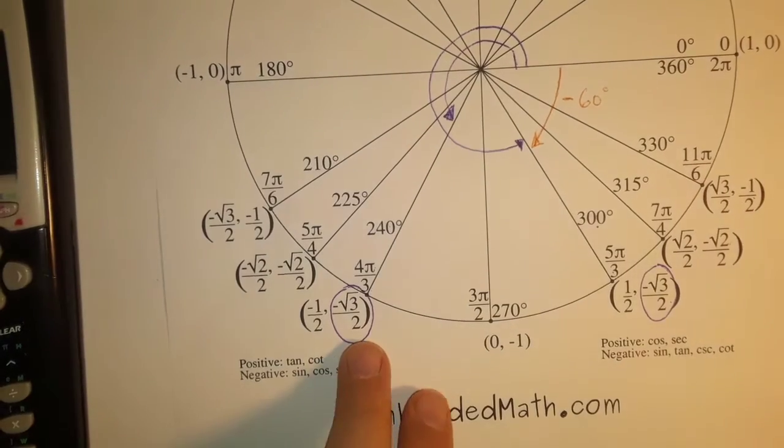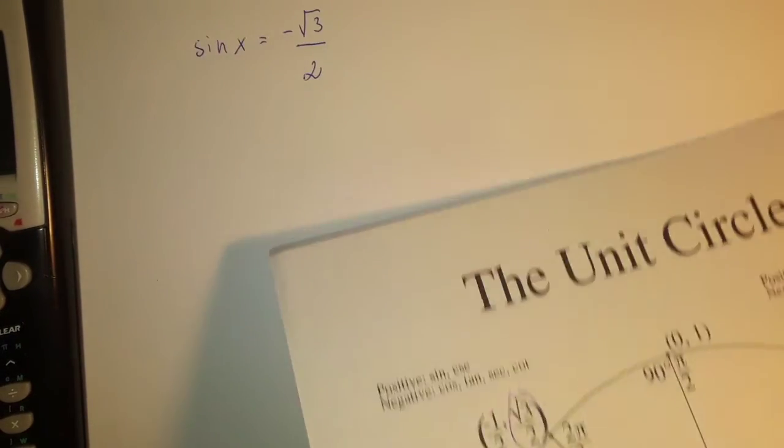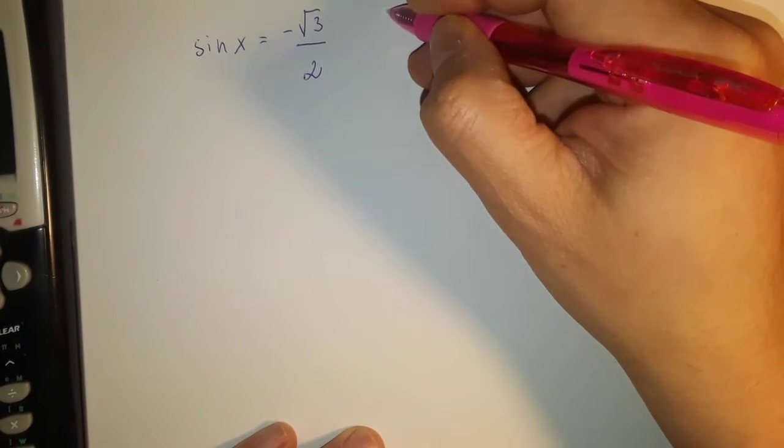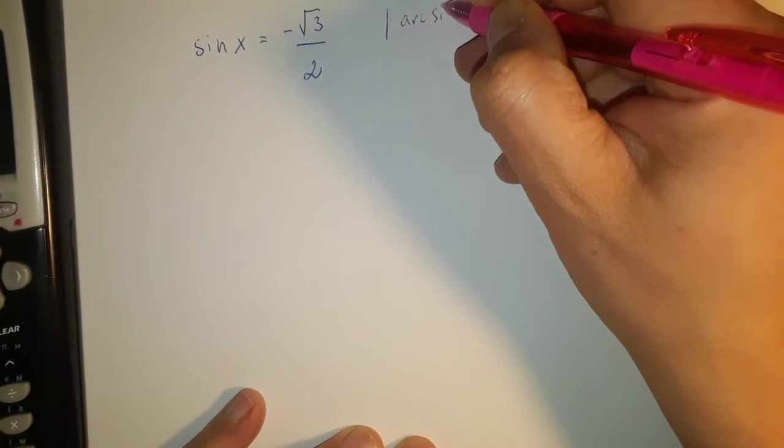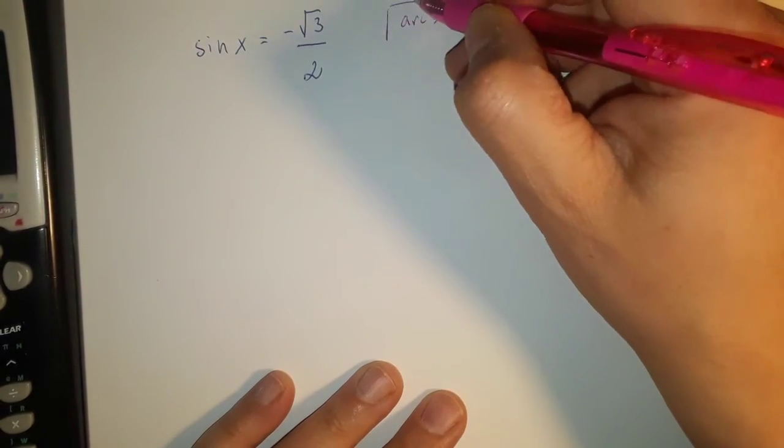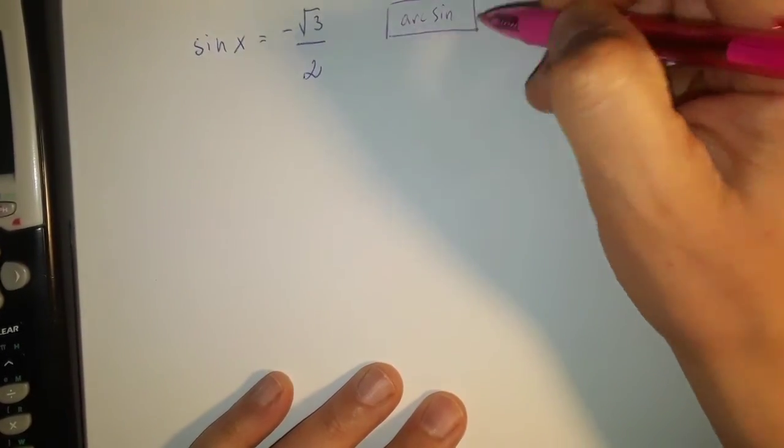The way I'm going to write the solution is like this. What do I have to do here to solve this? I have to take arc sine of both sides, right?